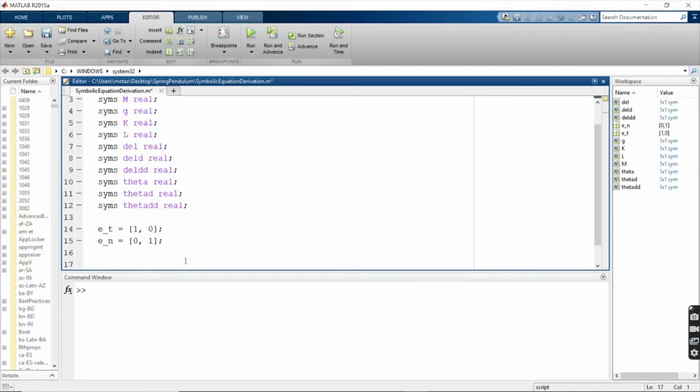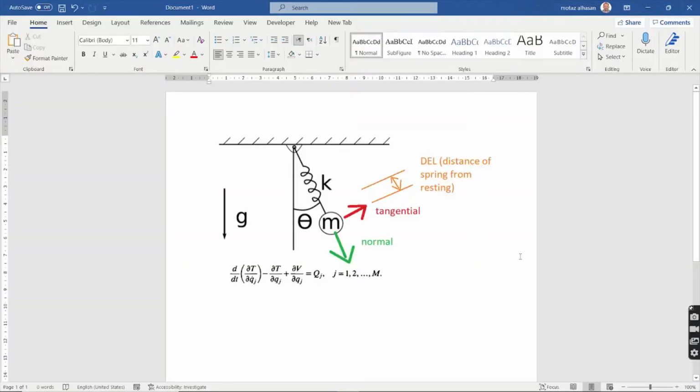And now we need to start by defining the velocities in the normal and the tangential directions. Okay, back to our diagram here. We're just referring back to it to know how to define the velocities in the normal and tangential direction.